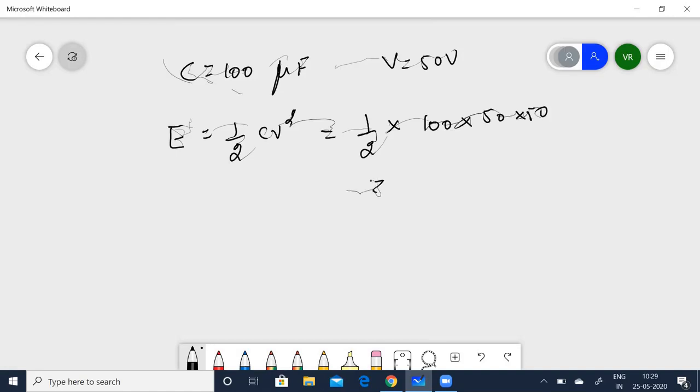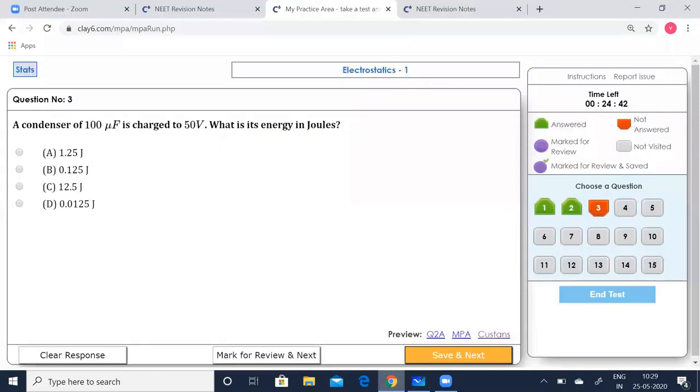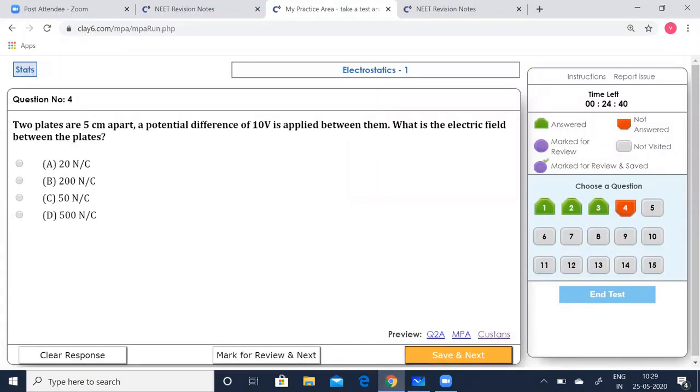When you simplify, you can see that it is going to be 0.125 joules. So 0.125 joules, option A is correct. Click that, go to the next.